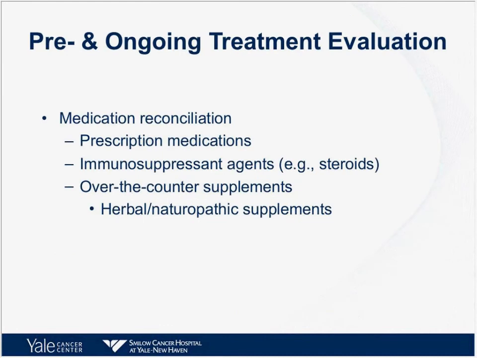In addition to the pre-evaluation, one needs to undergo a full medication reconciliation. In addition to prescription medications, one should certainly consider asking patients if they are taking any over-the-counter medications, particularly herbal and naturopathic supplements. Many of these supplements are not regulated by the FDA, and there is not guaranteed review of the components of the supplements.